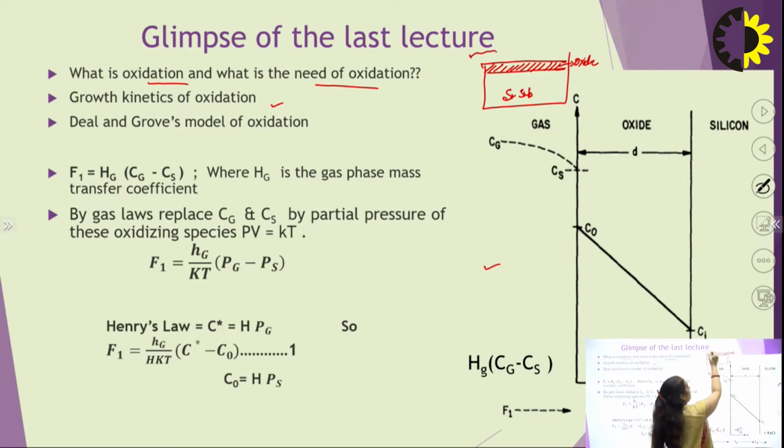Over that we pass the gases. These gas molecules diffuse through the oxide and then react with the silicon. So we have three parts: gas, oxide and silicon.